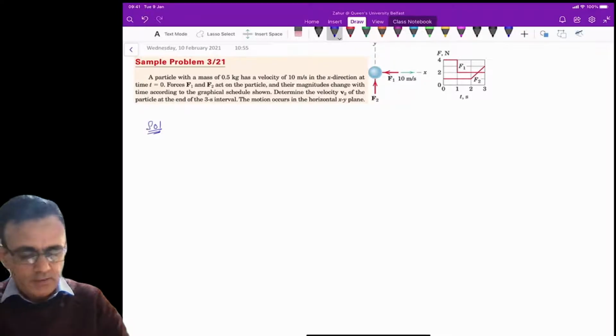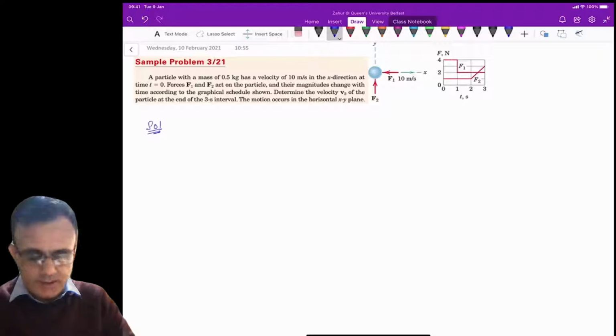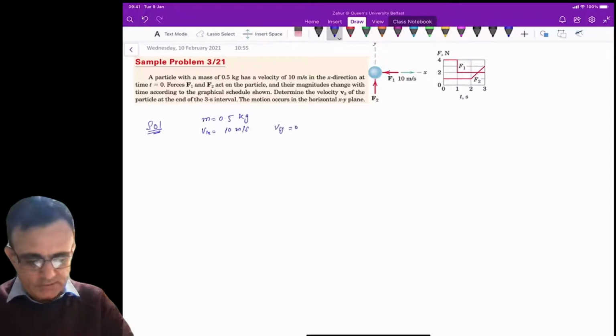first, the mass is given, which is 0.5 kilogram, and v1 is given in the x direction, which is 10 meters per second. So this is v1x, and v1y is 0 here.